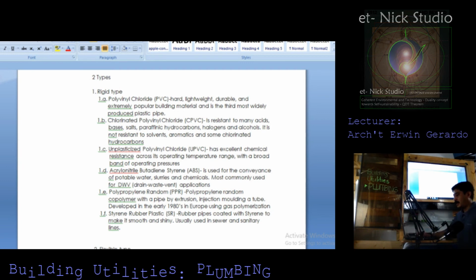The styrene rubber plastic, or known as SR, these are rubber pipes coated with styrene to make it smooth and shiny, usually used in sewer and sanitary lines.